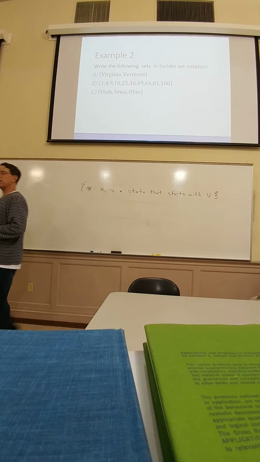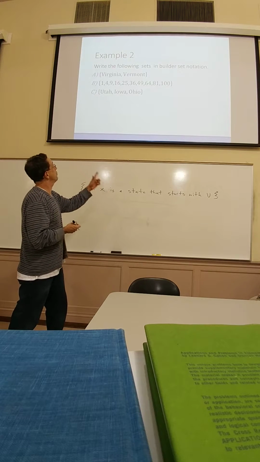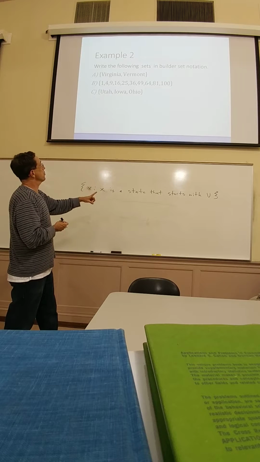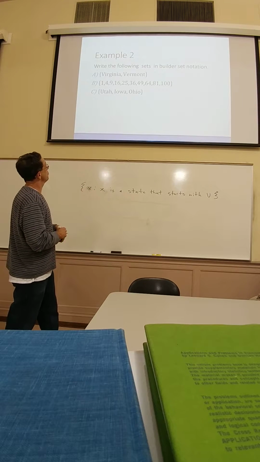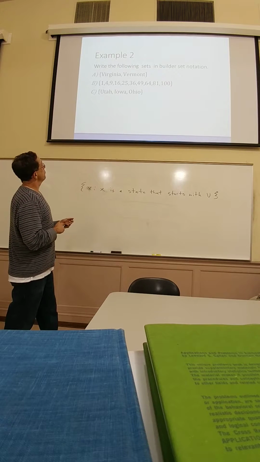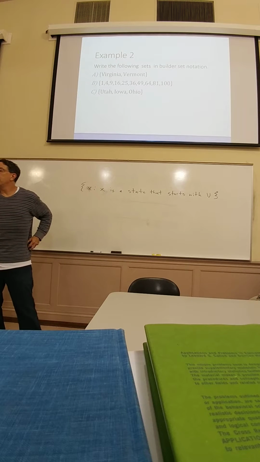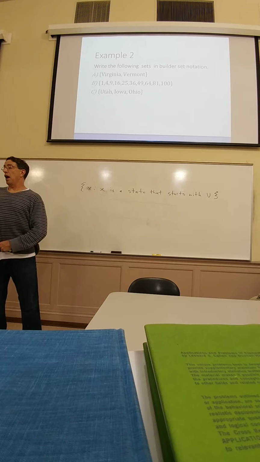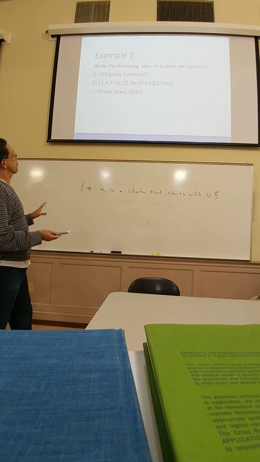The next one, let me read them first. 1, 4, 9, 16, 25, 36, 49, 64, 81, and 100. Those are your perfect squares between 1 and 10. And I'll go back to B, and when you're thinking about that, you're saying squares.